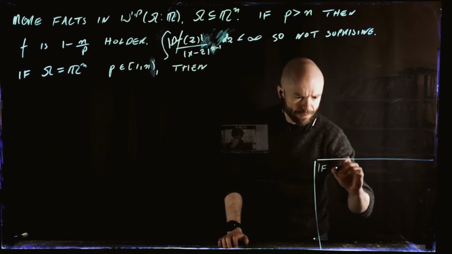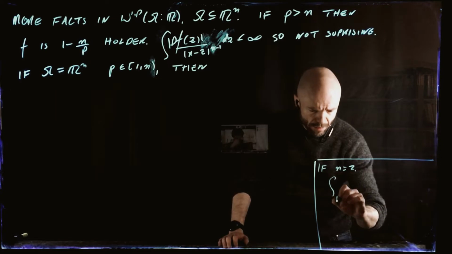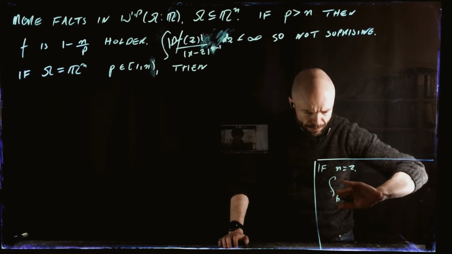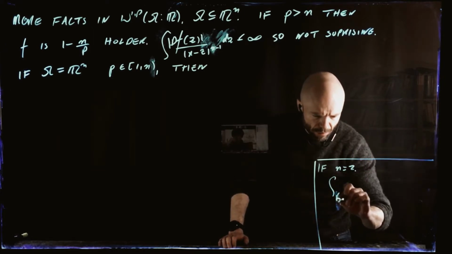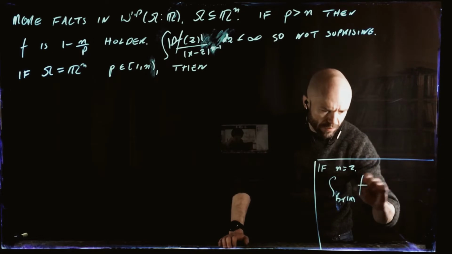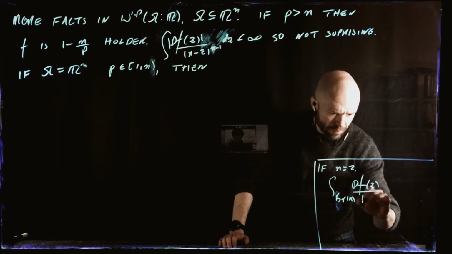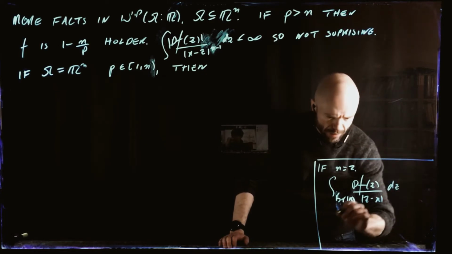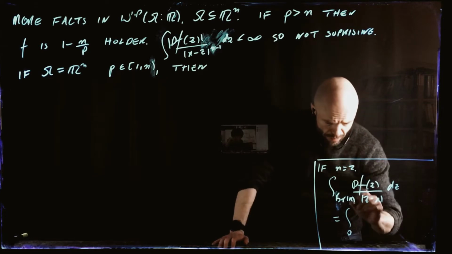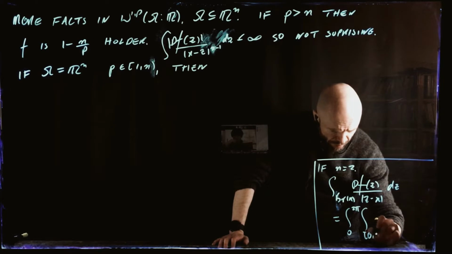So if n equals 2, then if we do this, the integral around a ball of radius x of the gradient of f of z over mod z minus x, dz, is like the integral from 0 to pi of the integral from 0 to r of e.